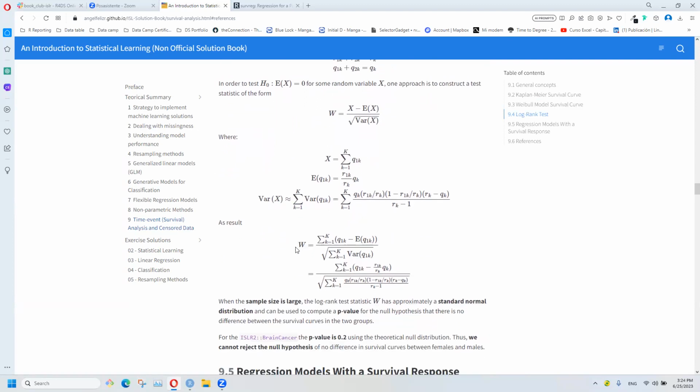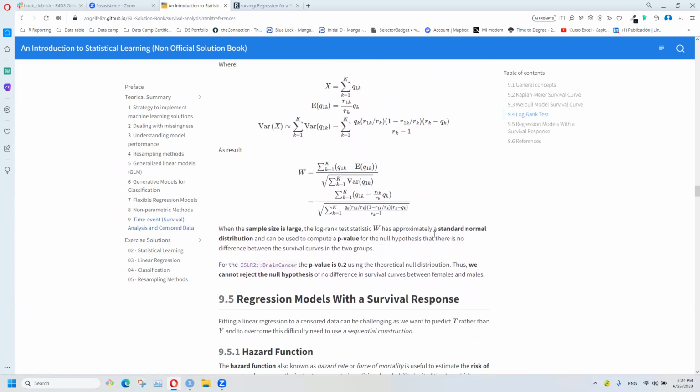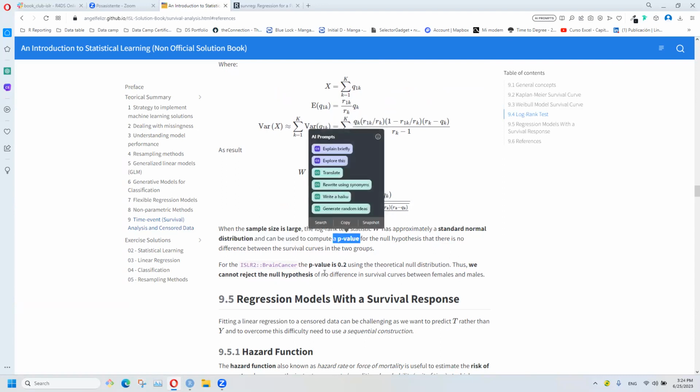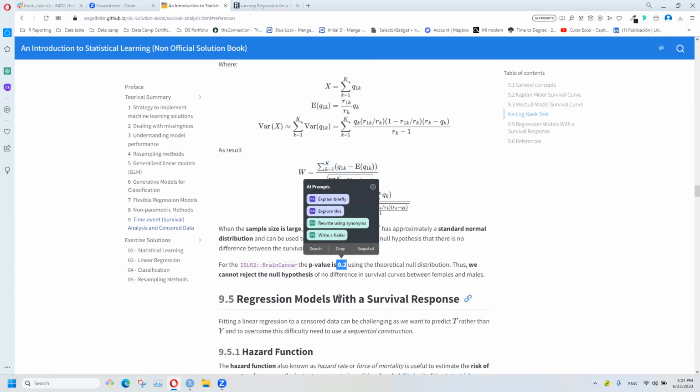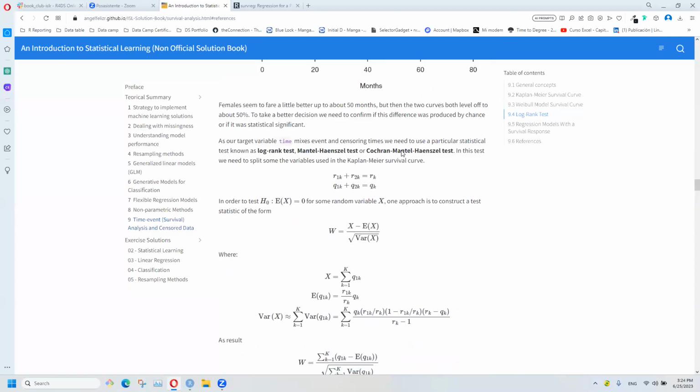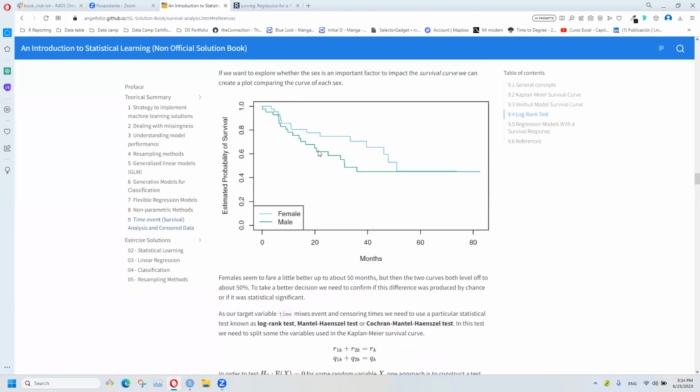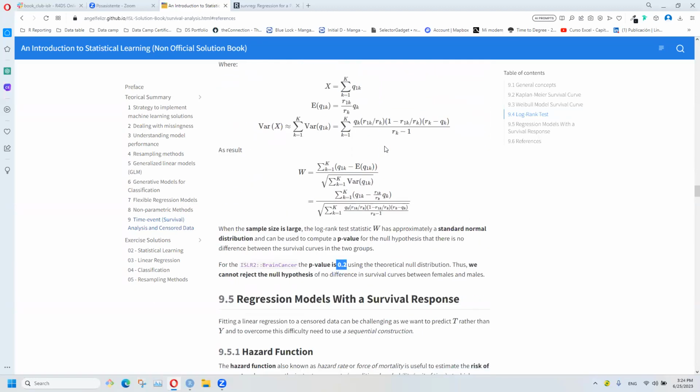And the point is that this W has a standard normal distribution, and they use the normal distribution to find out the related p-value. In this case, the study has a 0.2 p-value, which is really high, and there is no evidence that this difference between female and male is statistically significant.